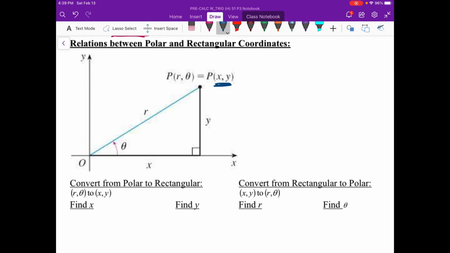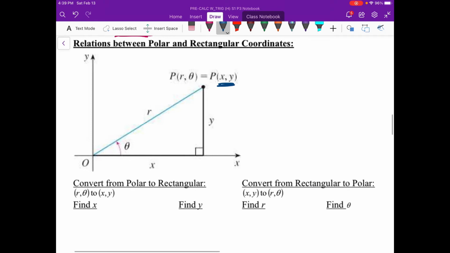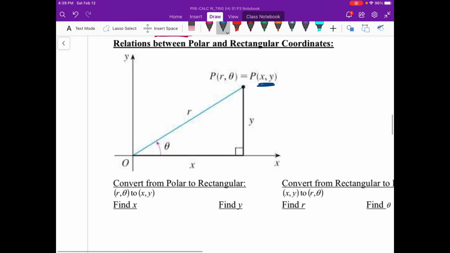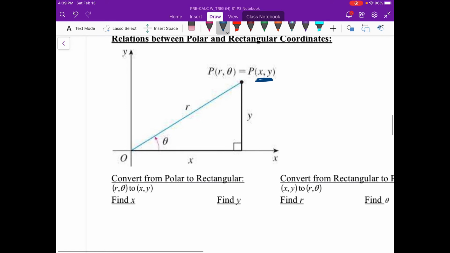And I want to convert from polar to rectangular using these properties. So polar is all about the angle. Think of it as the trig functions, how we would use those. To find x in this, first I need to use theta here. And I can say that cosine of theta, so going back to SOHCAHTOA, if I'm doing cosine, this is my adjacent and this is my hypotenuse.